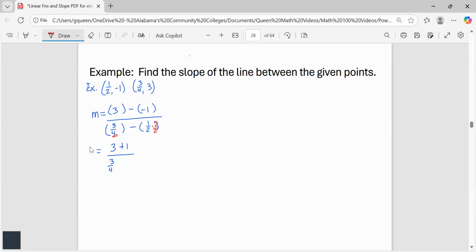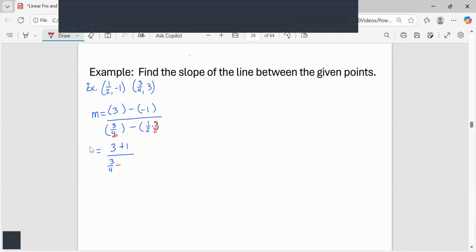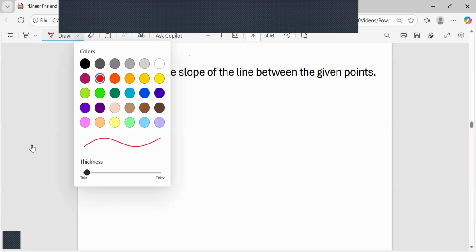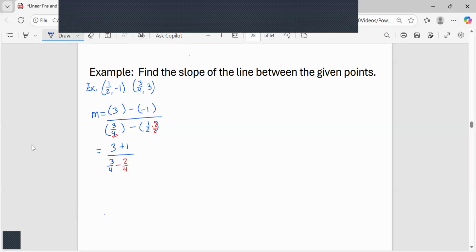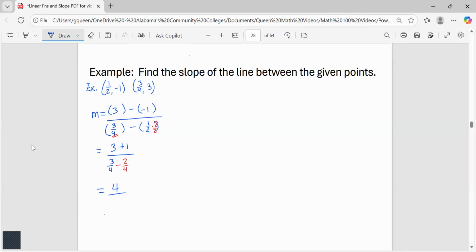So I will have minus 2/4. So now that will give me 3 plus 1 on the top is 4, and 3/4 minus 2/4 would be 1/4.